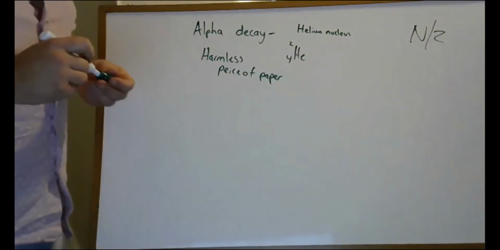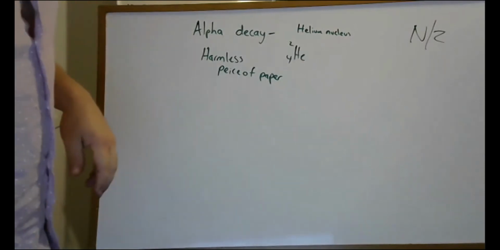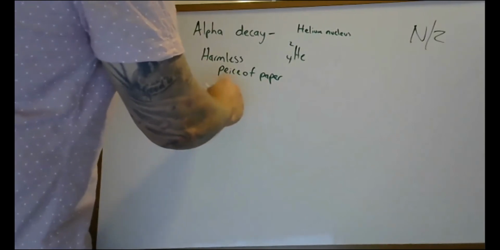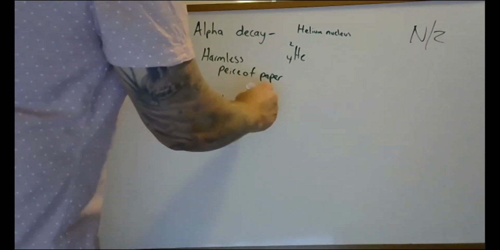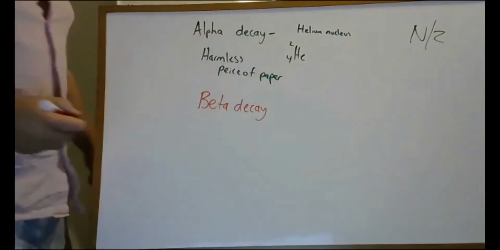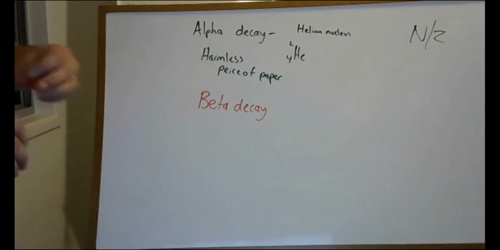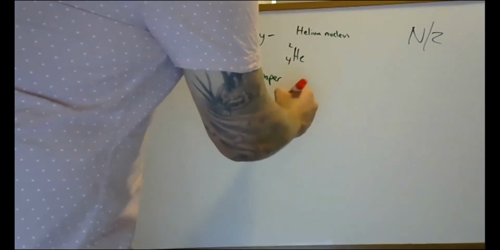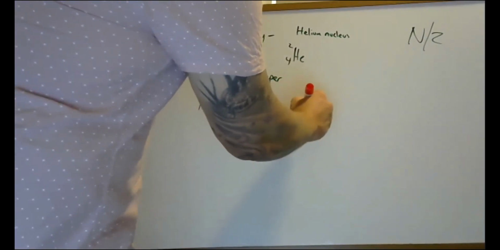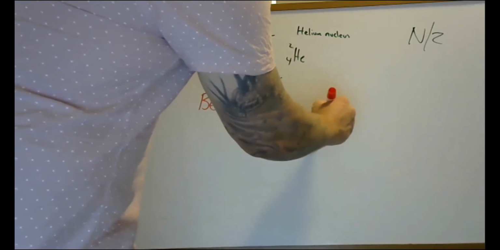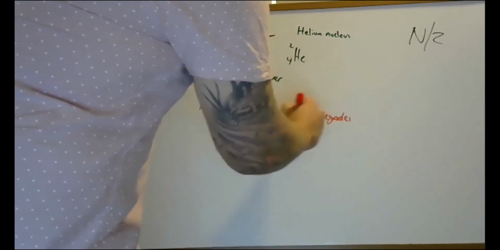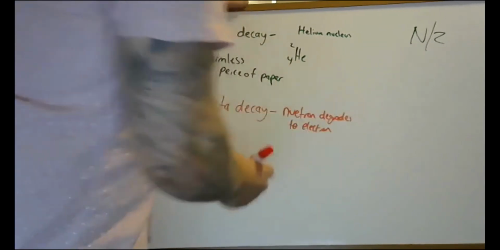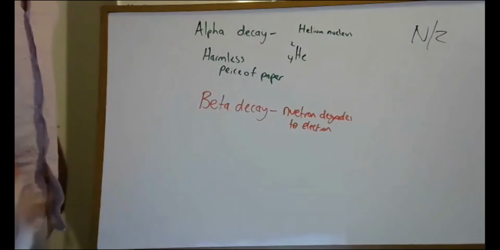So the next one is beta decay. Beta decay is getting a little bit scary, but what it does is a neutron degrades to an electron, and the electron is spat out.